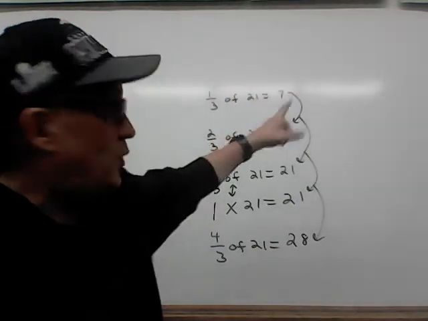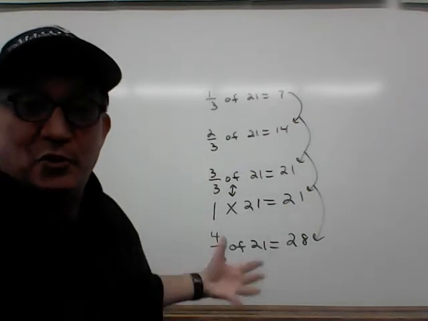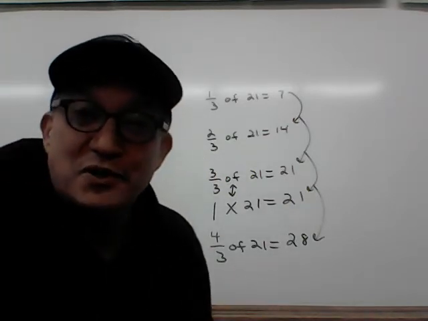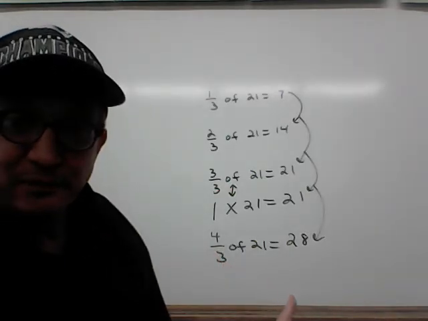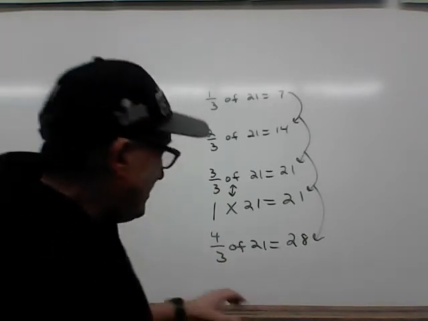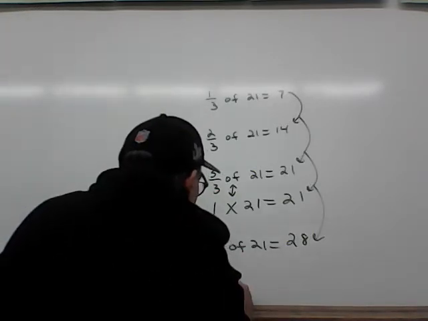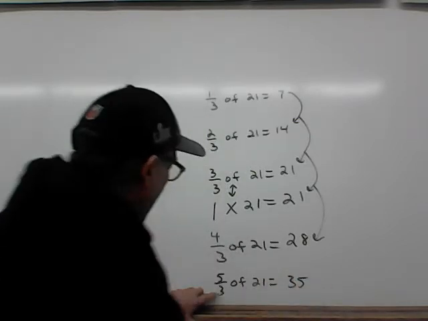Because one third of 21 is 7, and we're going up by 1/3 each time, so we're adding another 7 to the result. 5/3 of 21 would be 5 times 7, or 35, right? 5/3 of 21 is 35.